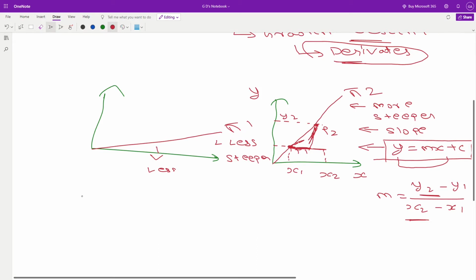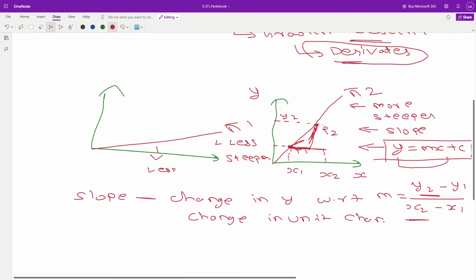And what is the slope indicating? What is exactly the slope of a line? It is nothing but the change in y with respect to unit change in x.